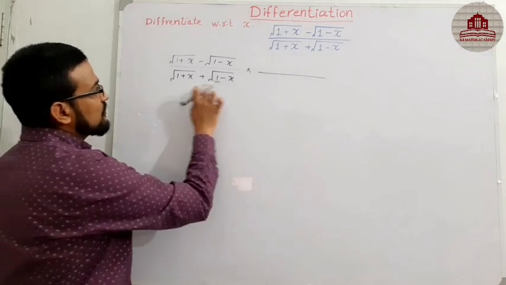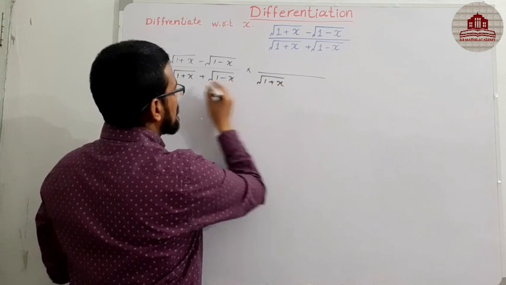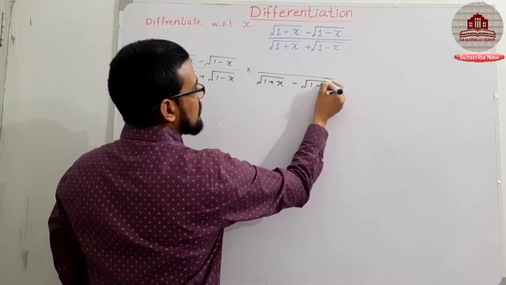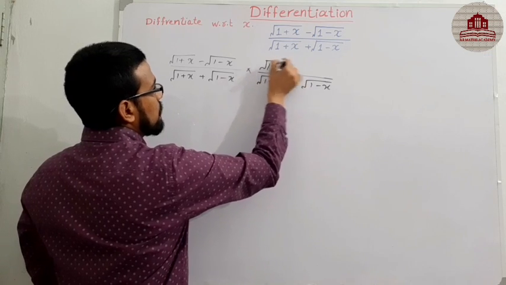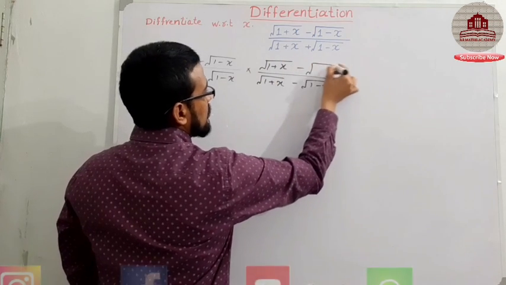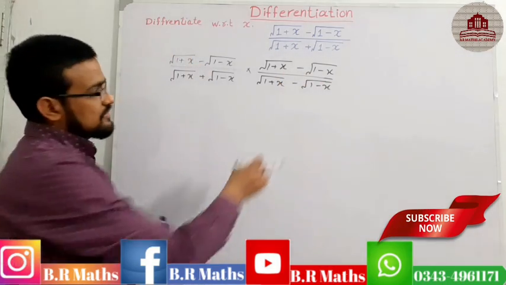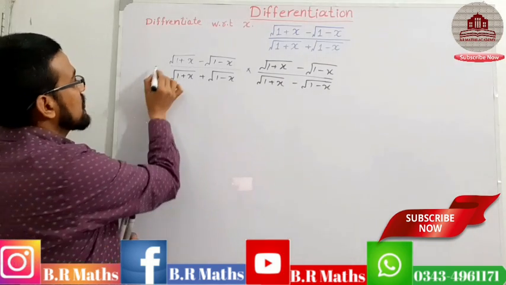It means its conjugate is square root of 1 plus x minus square root of 1 minus x. Multiply and divide by the same term, which is the conjugate of the denominator.